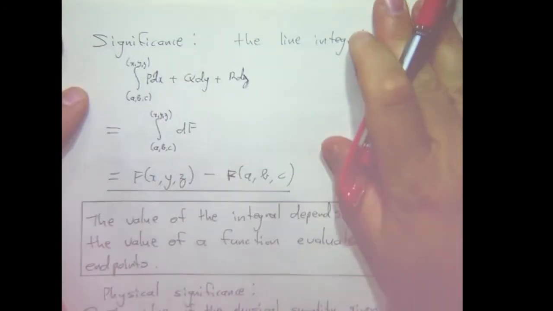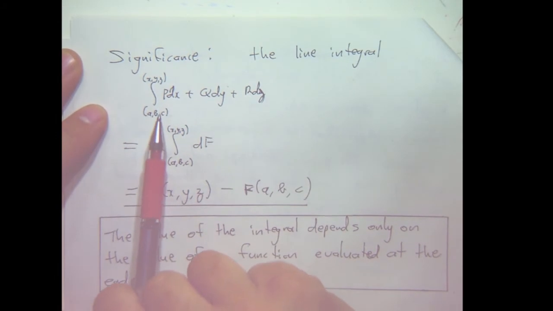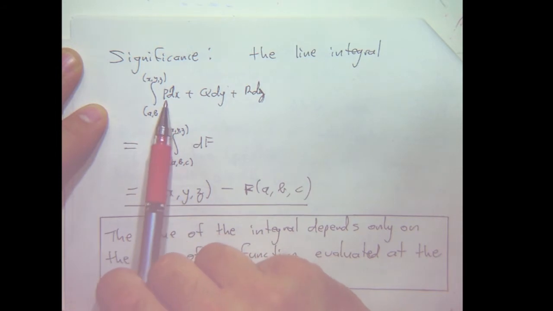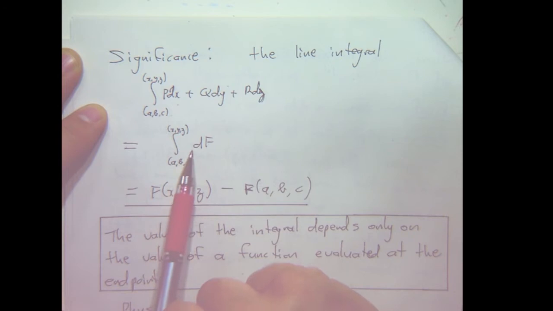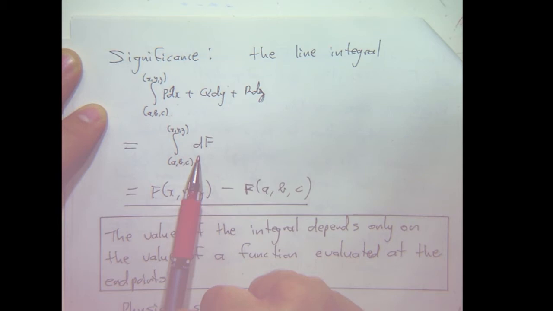The significance is then that the line integral that we had, the integral along any path from an initial point to a final point of this integrand, equals the integral along that path of df, but then by the fundamental theorem of calculus, that's just f evaluated at the endpoints.